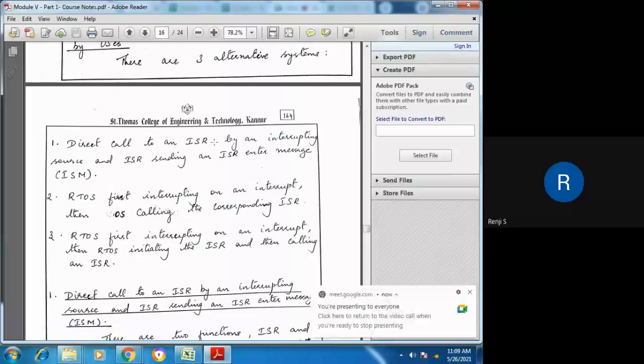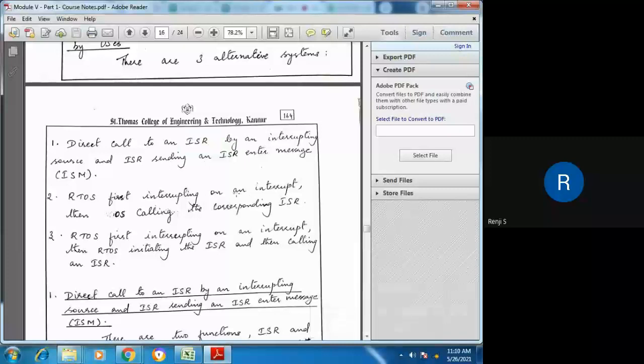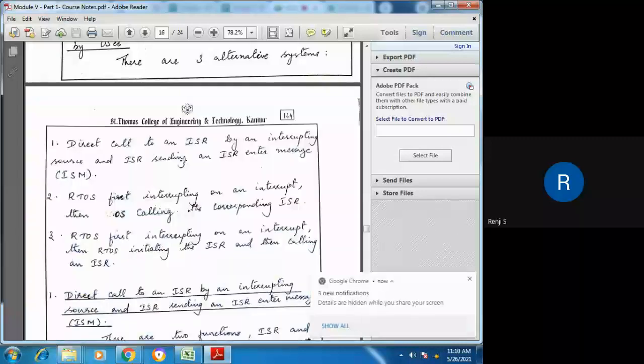Okay, the source that gives the request is called the interrupt source. The source from where the interrupt arrives is called the interrupting source. And this interrupting source will give a request, and that's called the interrupt service request. And this request doesn't go directly to the operating system. Instead, it will go directly to the interrupt service routine. And once the interrupt service routine gets this request, it will send an ISR enter message.